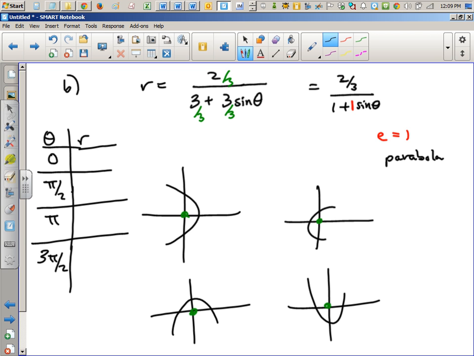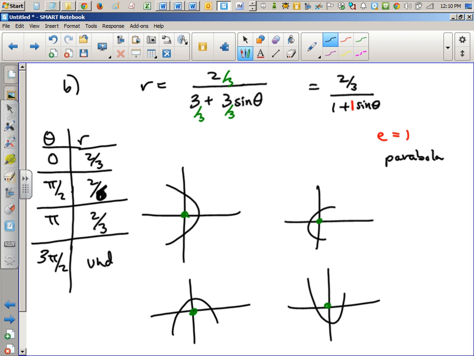If you plug in 0, you're going to get 2/3. If you plug in pi over 2, you're going to get 2/4. I'm sorry, 2/6. If you plug in pi, you're going to get 2/3. If you plug in 3 pi over 2, you're going to get undefined, because this is going to be 1 minus 1 on the bottom.